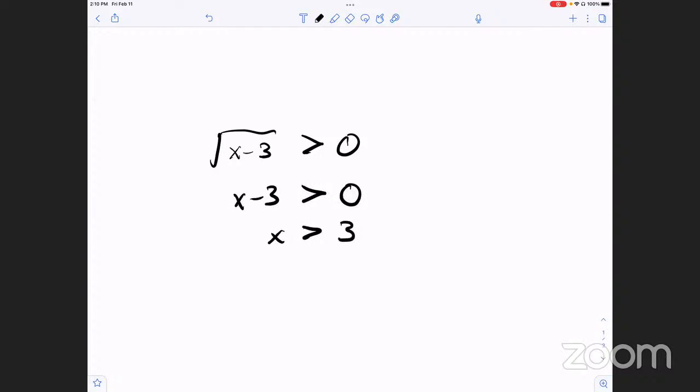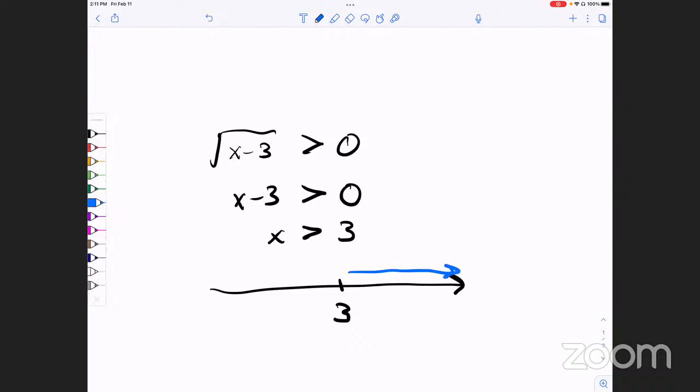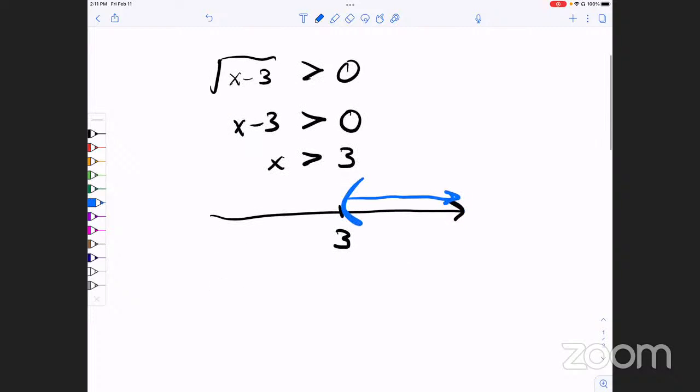In interval notation, if x is strictly greater than 3, on the number line are we talking about all the numbers to the left of 3 or to the right of 3? If x is greater than 3, we're talking about all the numbers to the right of 3. Because there's no bar, we use a parenthesis.